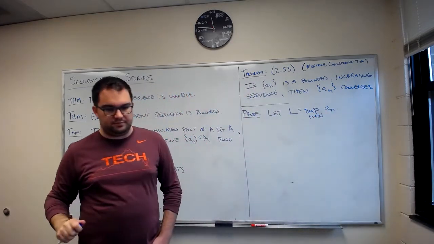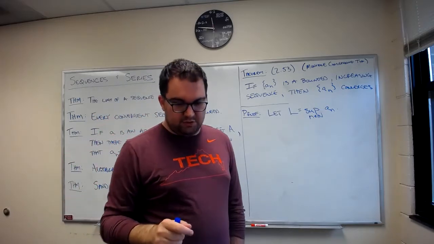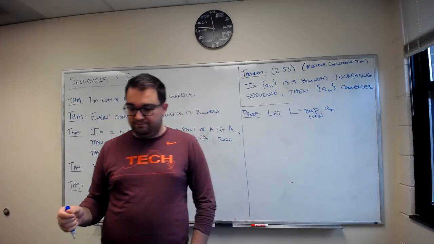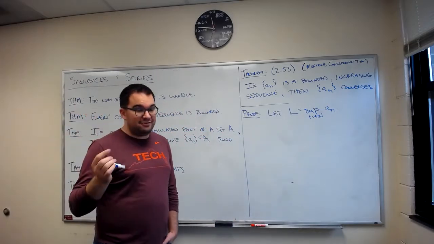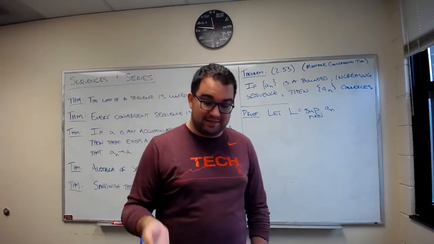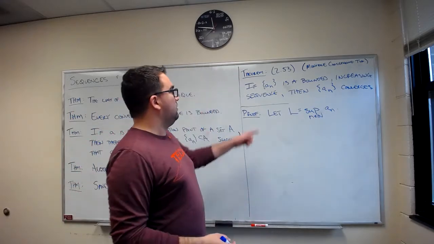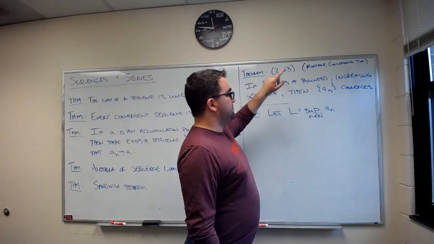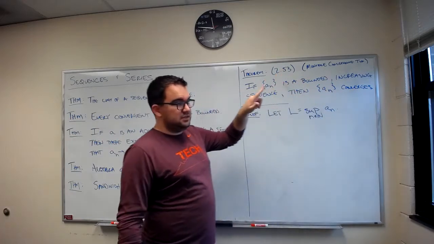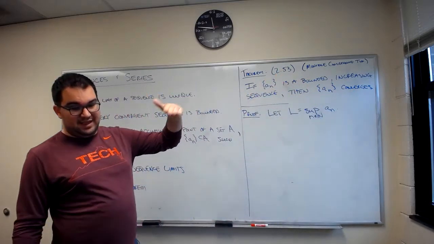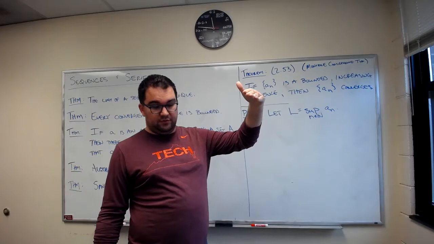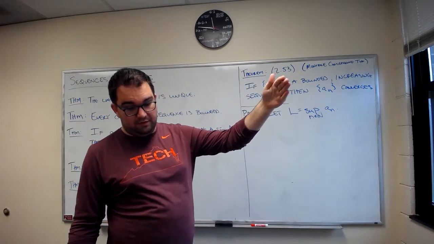of a sub n. Okay, now, as soon as I write this, there should be some questions that pop into your head. The first is, how do I even know that such a supremum exists? Well, my set a sub n is bounded. Since this is a sequence of real numbers, it's bounded, so it's bounded above.